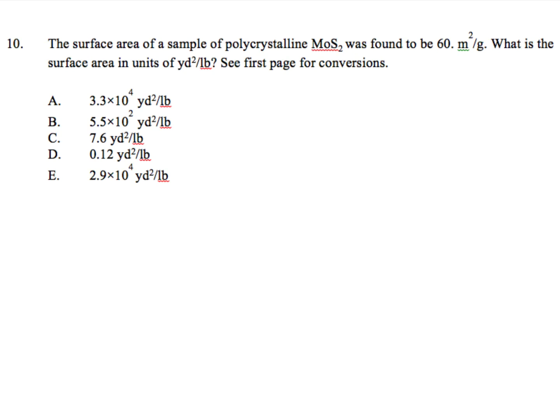Okay, and what I actually want to eventually get this to is units of yards squared per pound.